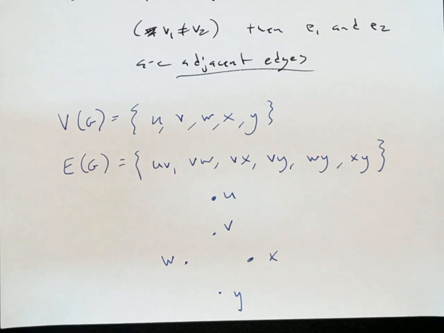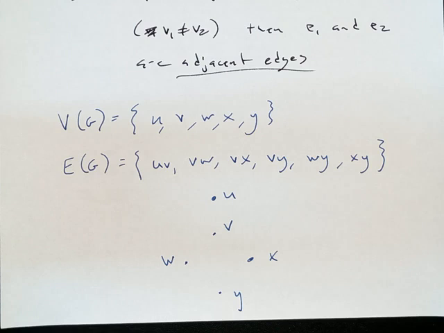Now I will say, I labeled my vertices from top to bottom in order. So U, V, W, X, Y, top to bottom, left to right. I laid out my edges in a similar order.